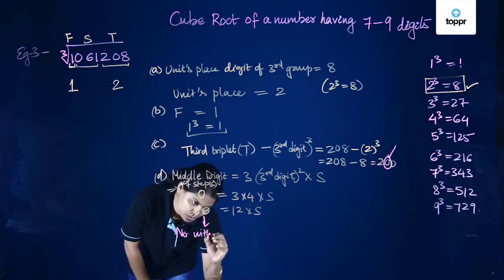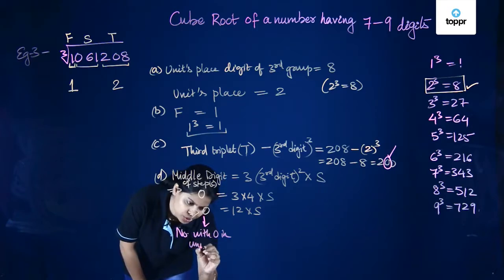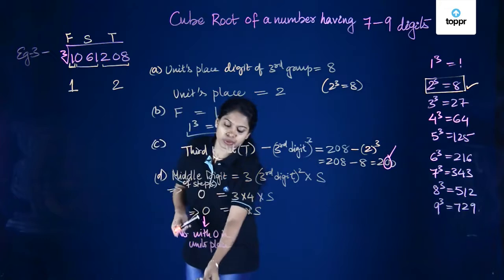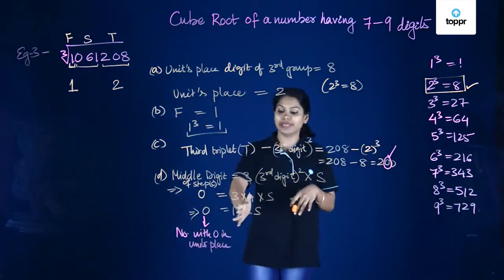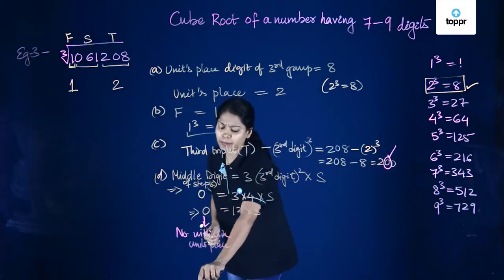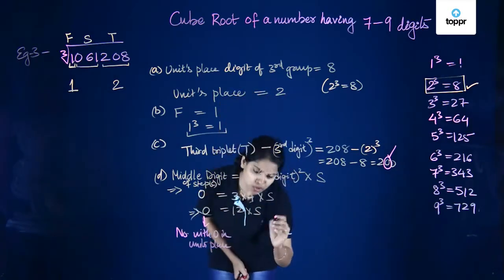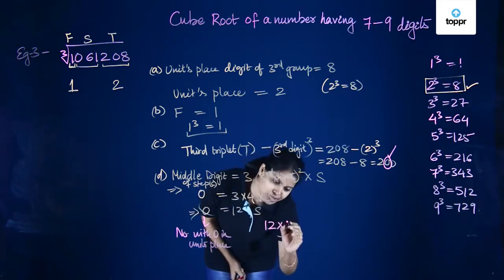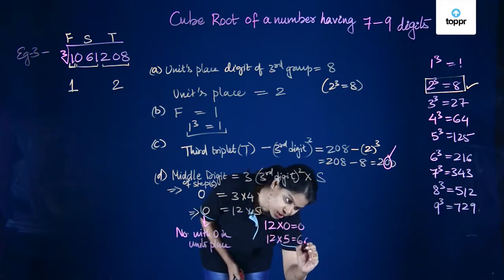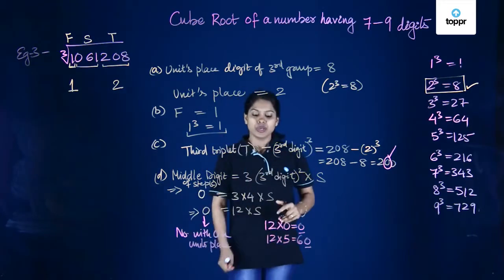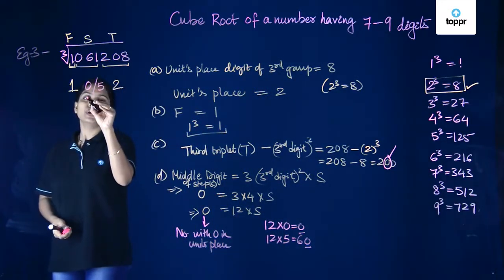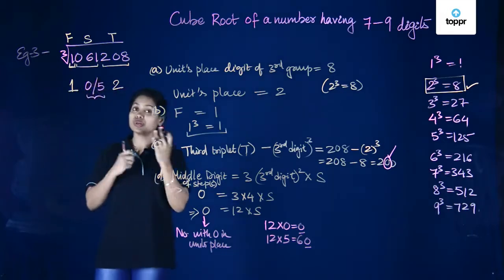A number with 0 in the units place is what we get when we multiply 12 into a digit. So 12 into what gives us a number with 0 in the units place? The possibilities are 12 multiplied by 0 gives us 0, and 12 multiplied by 5 gives us 60. So both of these work for us. That means the number in the middle could be 0 or it could be 5. Now we have to make a decision whether 0 works or 5 works.